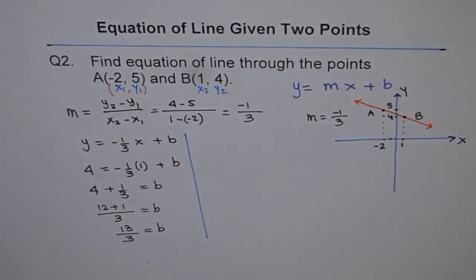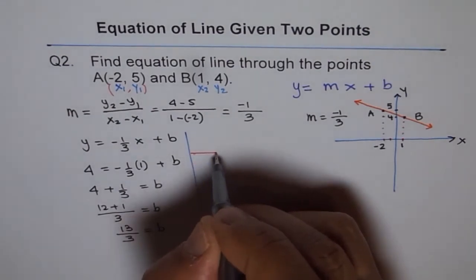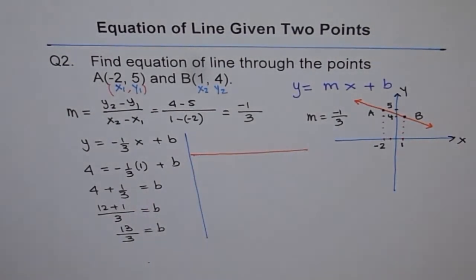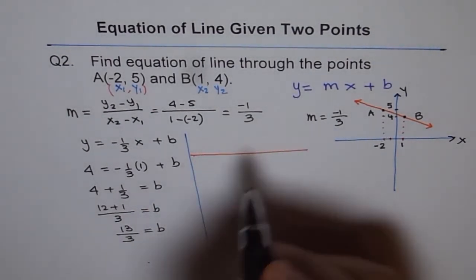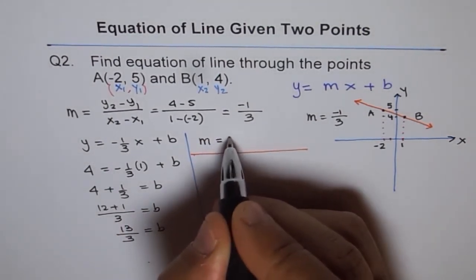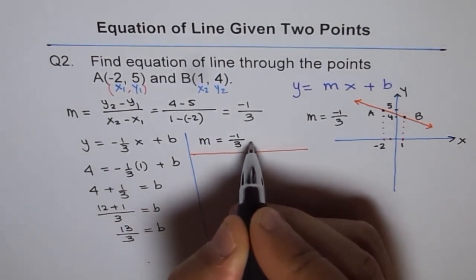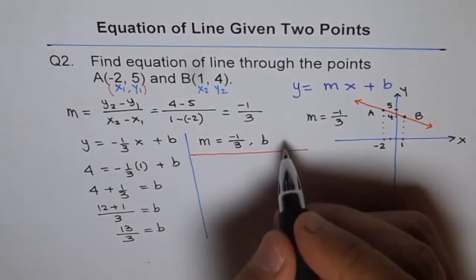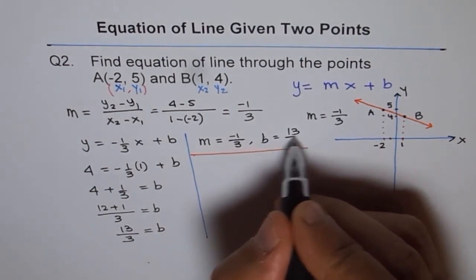Now we know our slope and the y-intercept. Let's write it down. m is minus 1 over 3 and b is equal to 13 over 3.